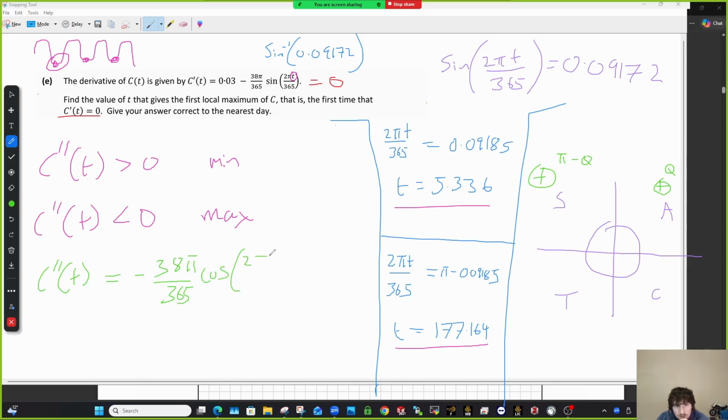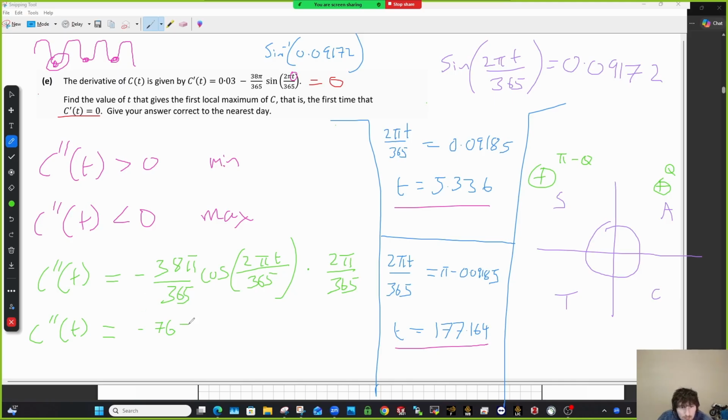You keep the inside the same, pi t over 365, and then you multiply by the derivative of the inside. The derivative of the inside is this. Then when you tidy this up a bit, c dash dash t is going to equal, what's that, minus 76 pi, I think, or yeah, what's 38 by 2?